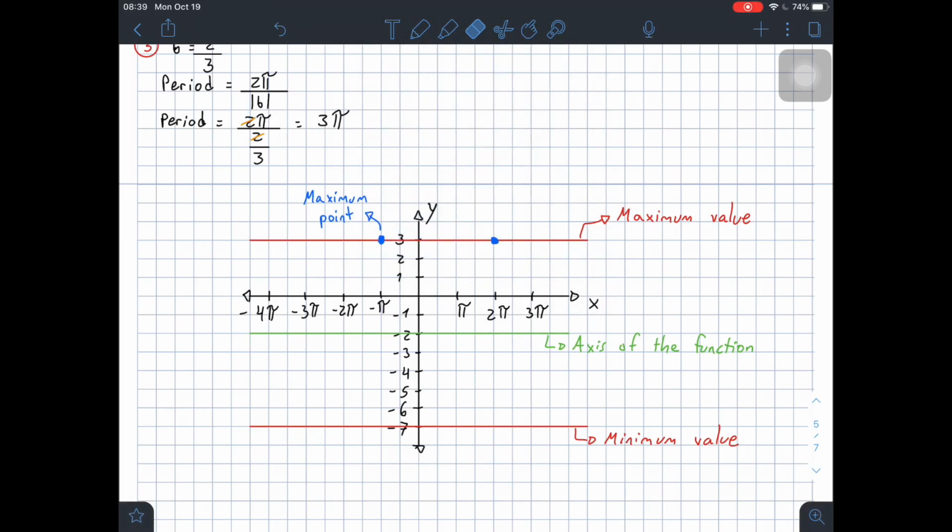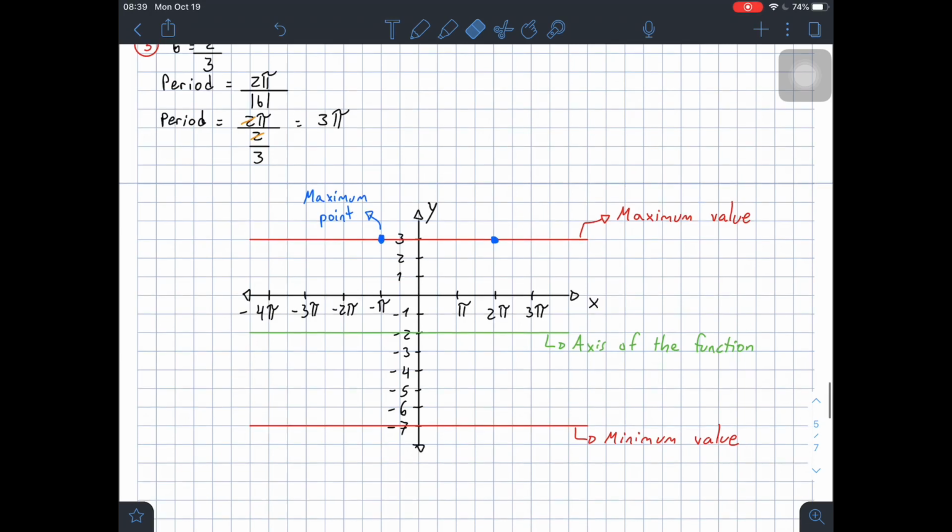Let me erase this. And if I do the same thing to the left, I move pi, 2 pi, 3 pi, then this point over here would be another maximum point of this function. Now I have identified all of the maximum points for this domain defined here.